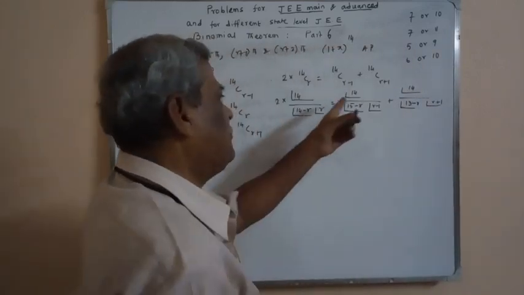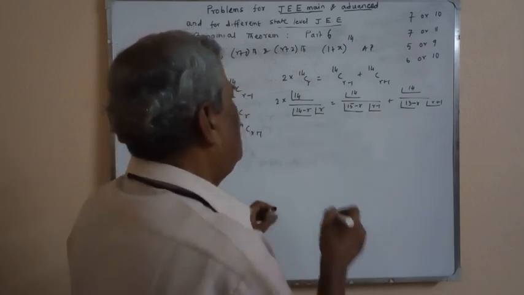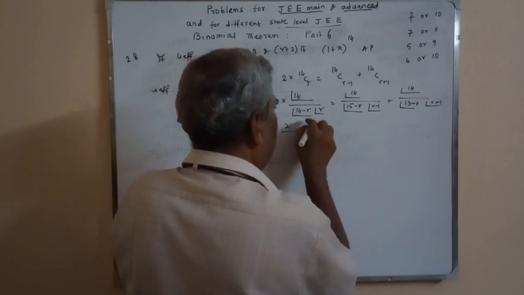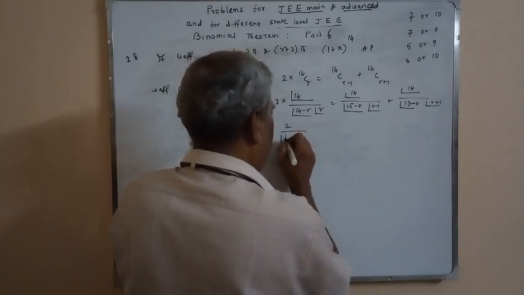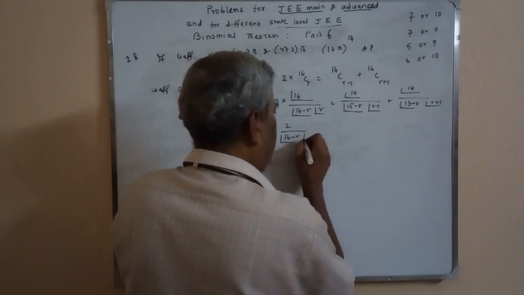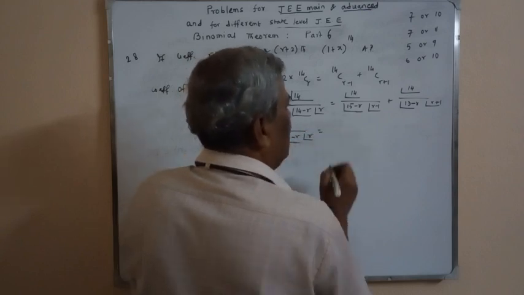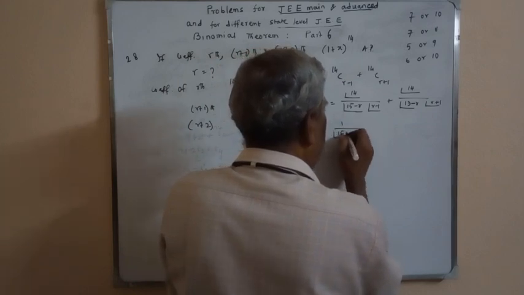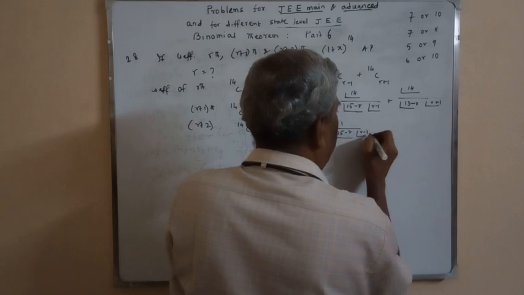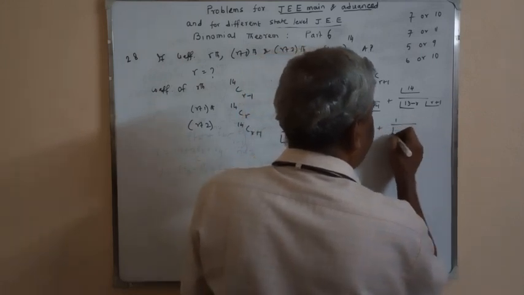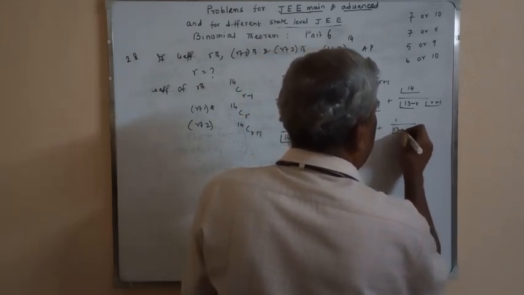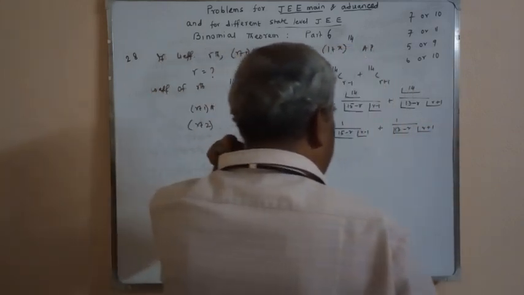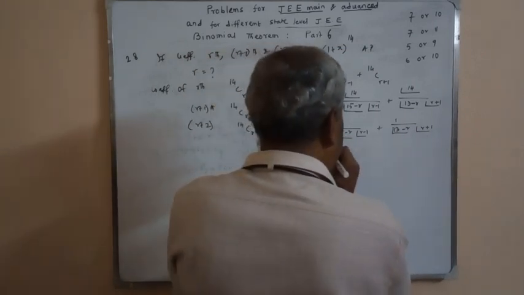Now clearly factorial 14 cancels from both sides. So 2 by (14 minus r) factorial into r factorial is equal to 1 by (15 minus r) factorial into (r minus 1) factorial plus 1 by (13 minus r) factorial into (r plus 1) factorial. Now add them.